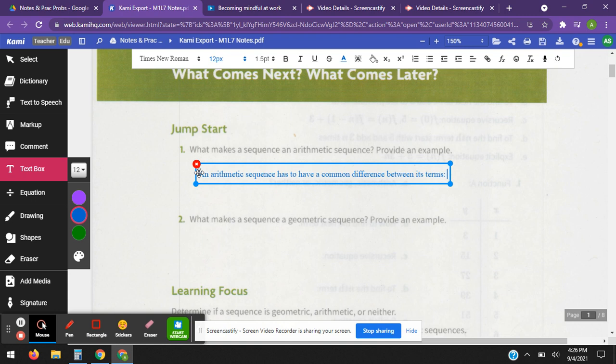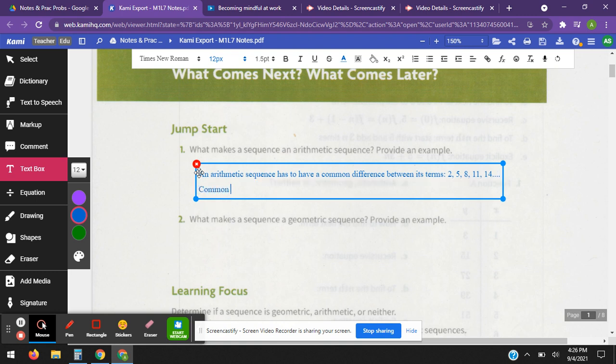For example, let's start with 2 and count by threes: 2, 5, 8, 11, 14, and so on. Your common difference equals 3.